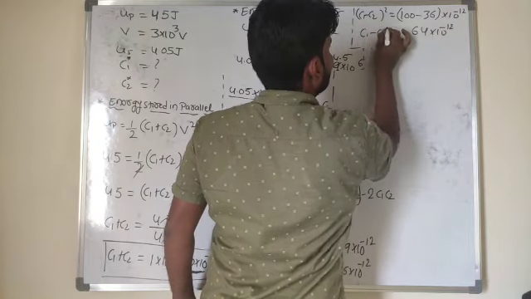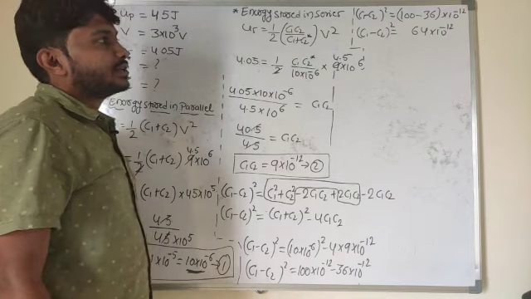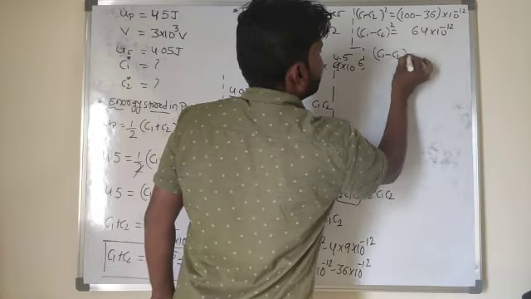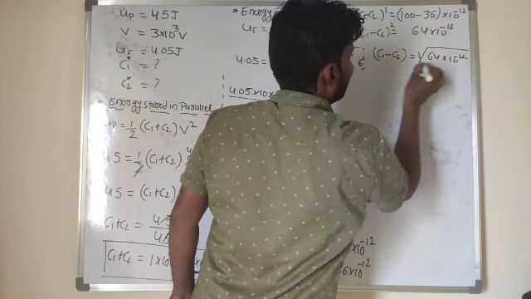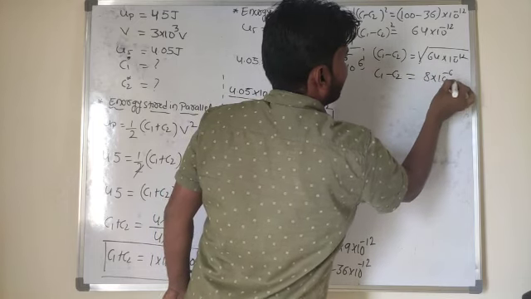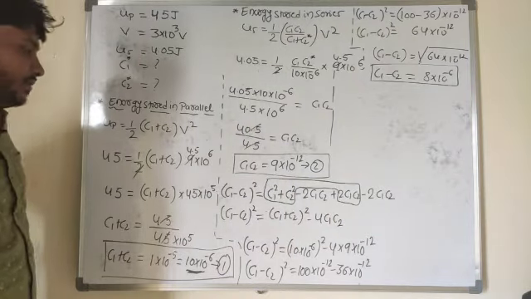So C1 minus C2 is equal to the square root, which means 8 into 10 to the power of minus 6. I got that value of C1 minus C2.